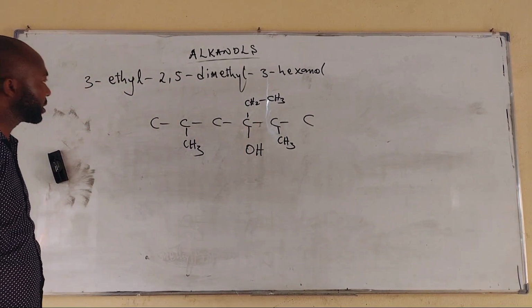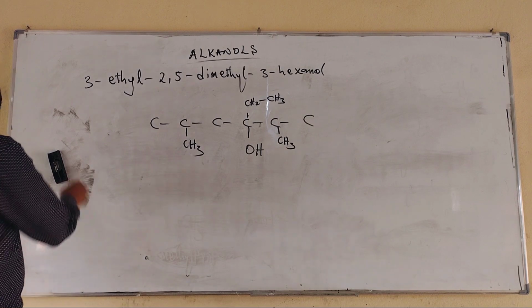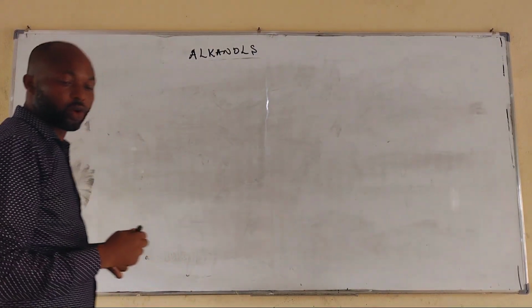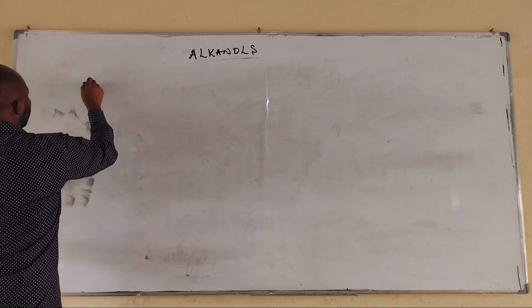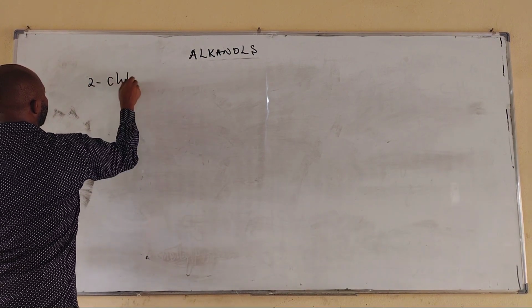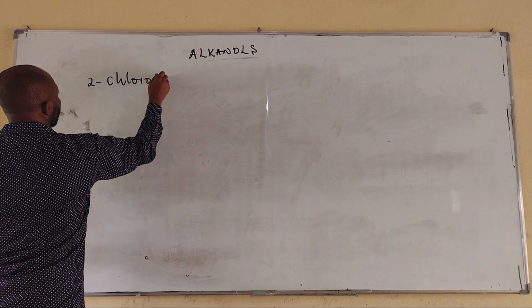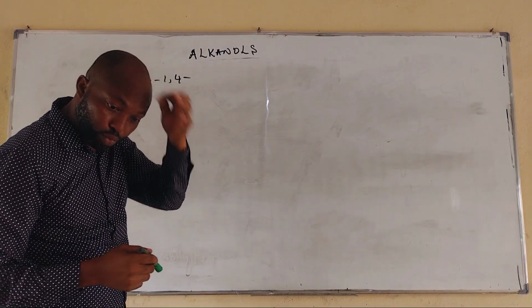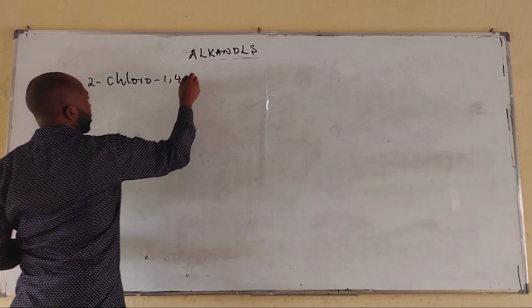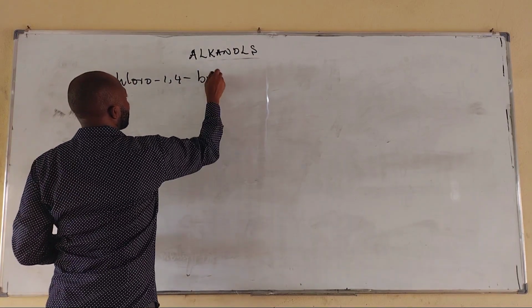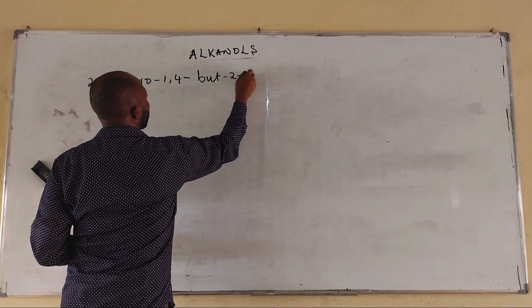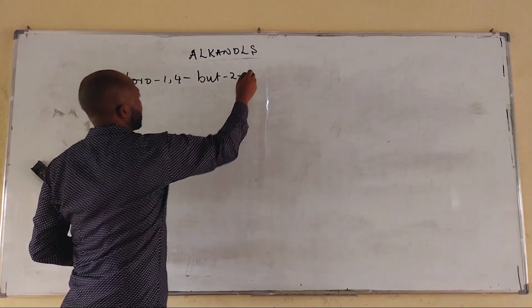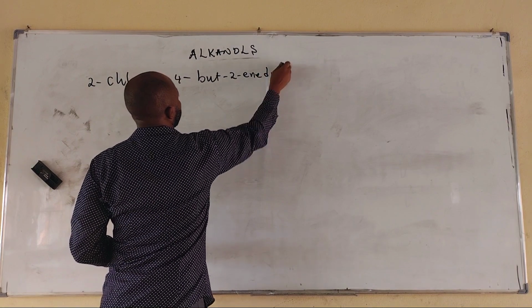So let's take another name. Another one is 2-chlorobut-2-ene-1,4-diol.